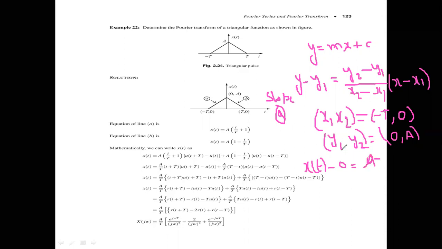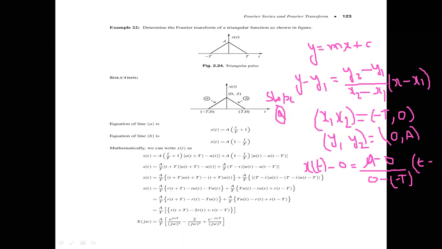y2 minus y1, that is a minus 0, whole divided by x2, which is 0, minus x1. What is x1? Minus T. And x, what is the x here? X is nothing but the t variable only. T minus x1. What is x1?